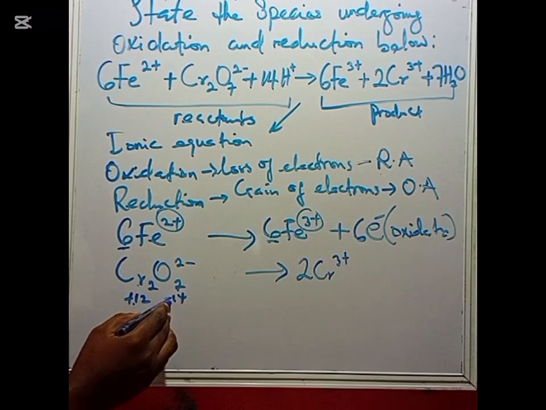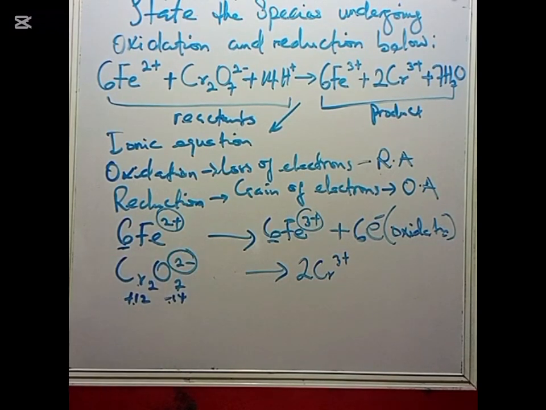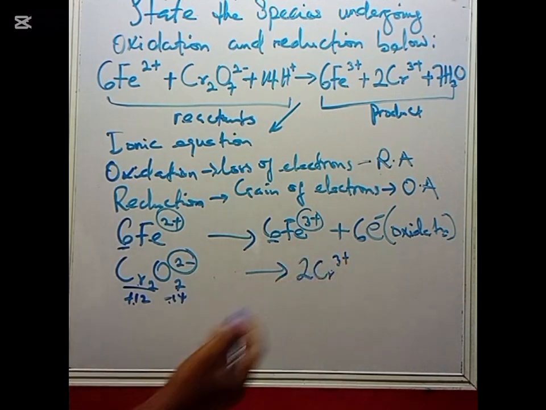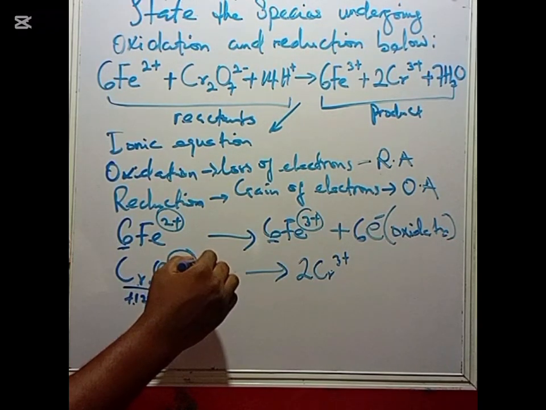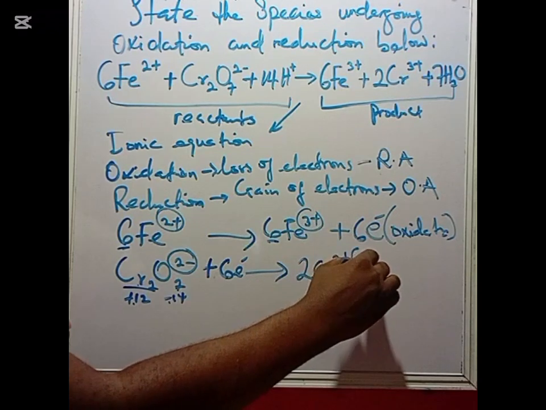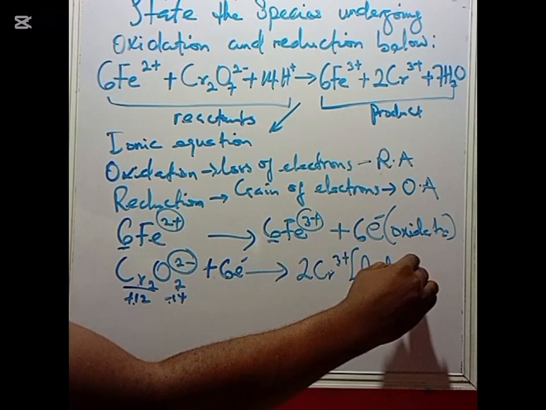So plus 12 minus 14 gives us -2. In other words, chromium moved from plus 12 to what? Plus 6, because 2 times 3 plus is 6. So it moved from plus 12 to plus 6. It actually gained 6 electrons for that to happen. So we say this process is reduction.